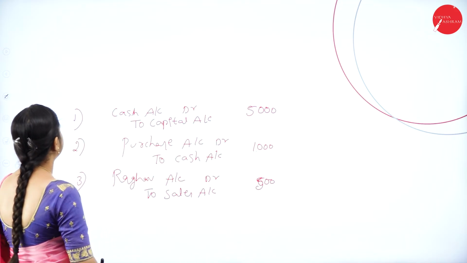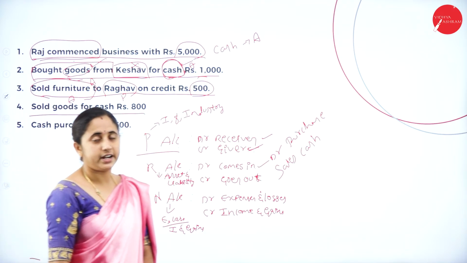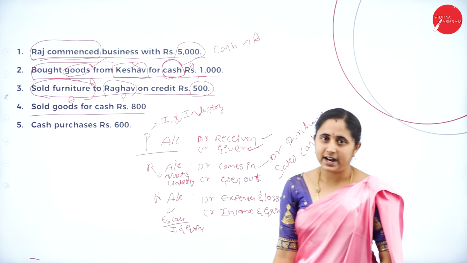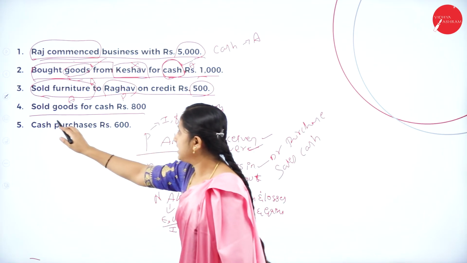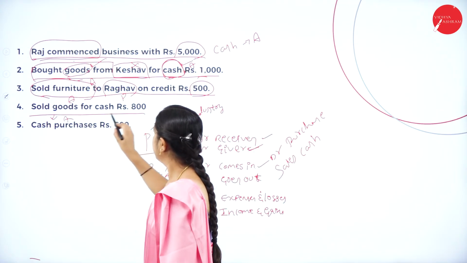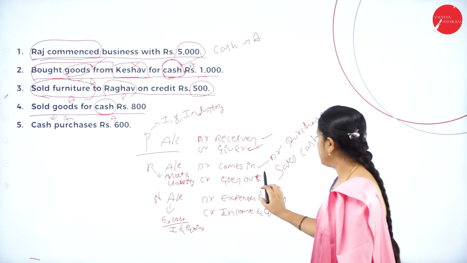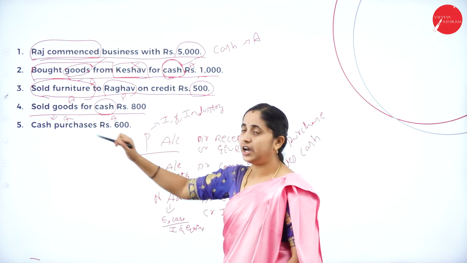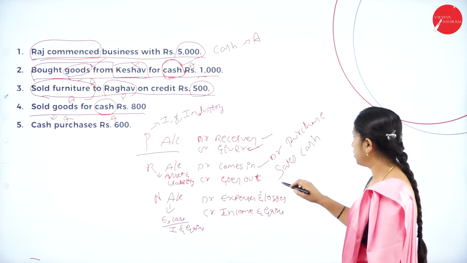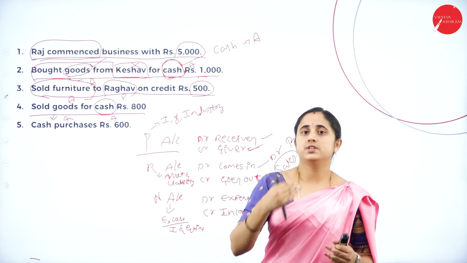Next, sold goods for cash rupees 800. Here you have made a sale for cash rupees 800. Here also sale is considered. Sale means there are goods. Goods is an asset. Cash is also an asset. Apply the rule. Debit what comes in, credit what goes out. When you sell, the goods is going out, so you need to credit the sales, and when you make a sale, you receive the cash.